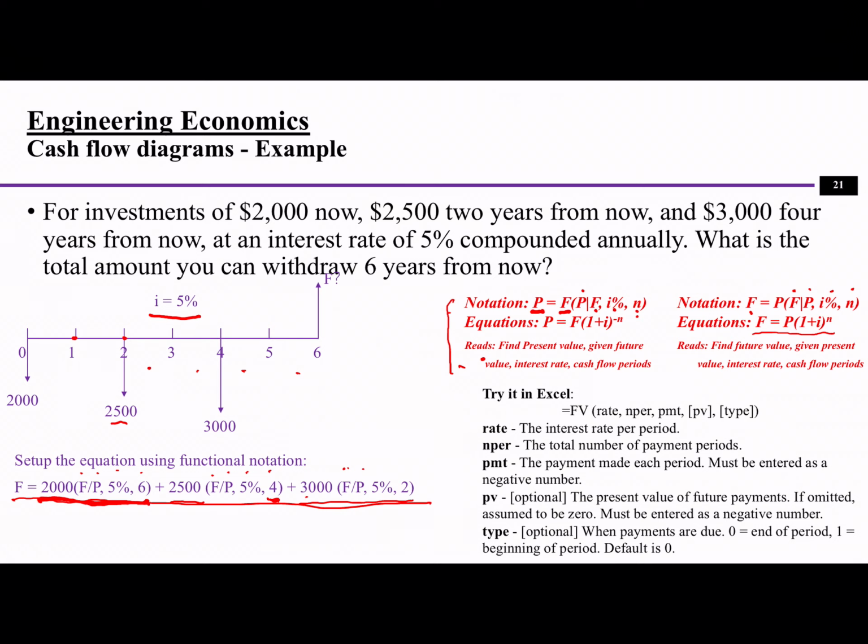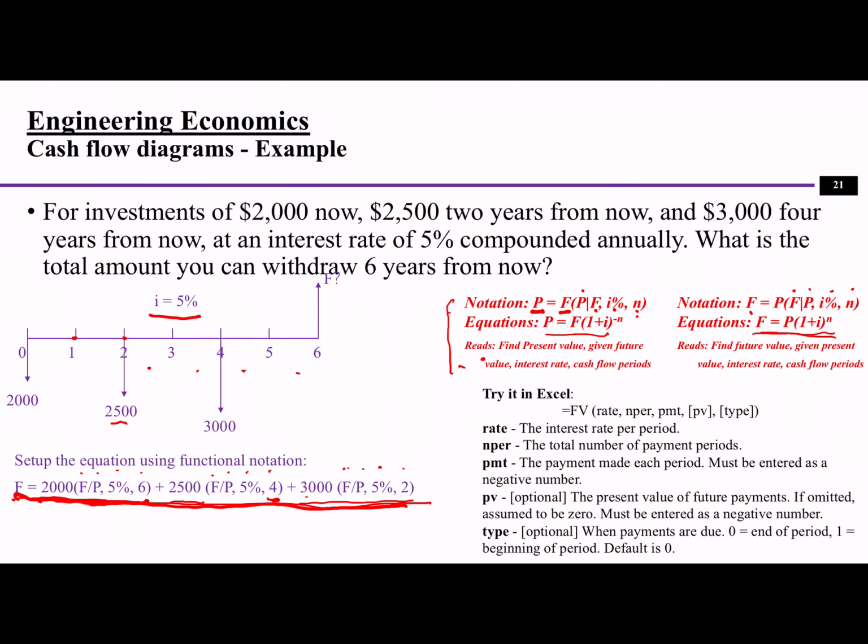Same with $3,000: find the future value at year 6, given the present value of $3,000 at 5% interest rate and 2 years of periods converting. This is how to write out the equation in order to find the future value.